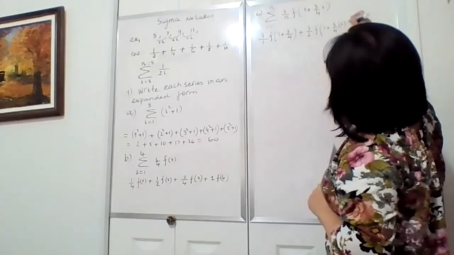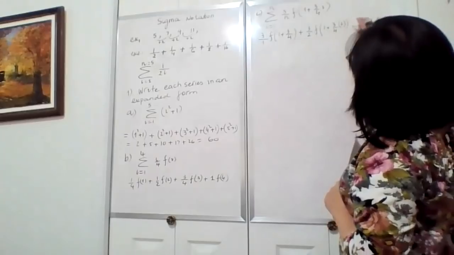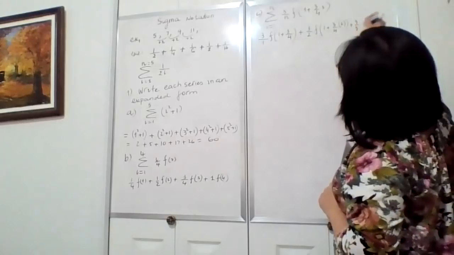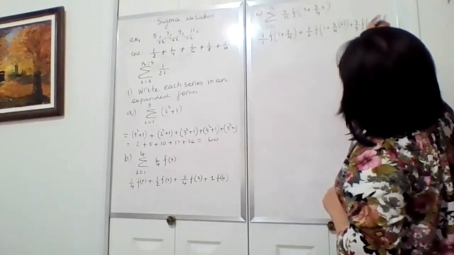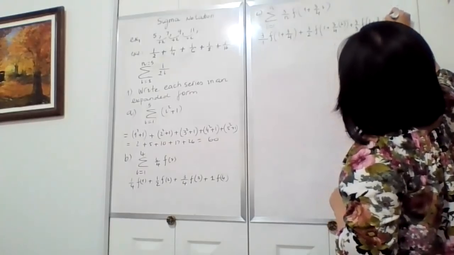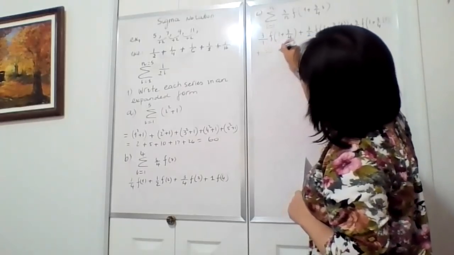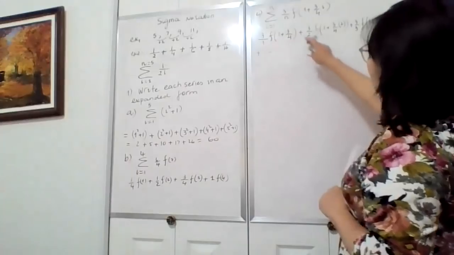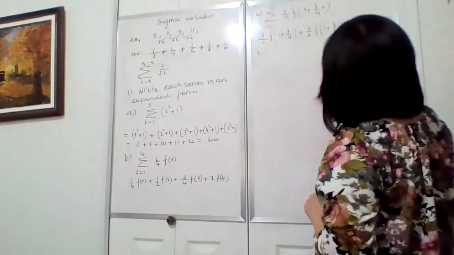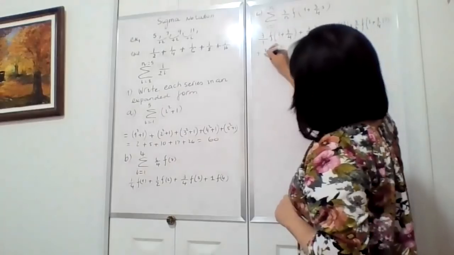Times 2. And then 3 over n, f of 1 plus 3 over n times 3. Now this pattern keeps going, right? Same pattern, because it doesn't say how many terms we have. So we're not going to write a lot of terms. Maybe give one more.